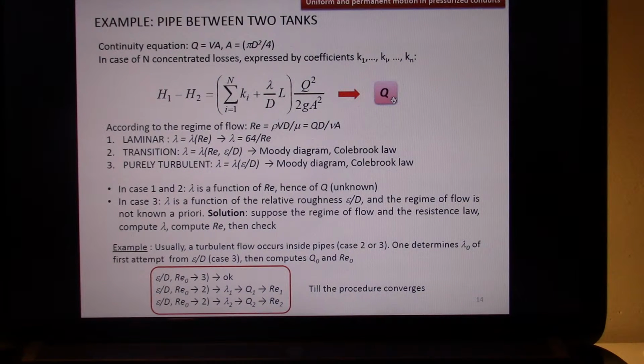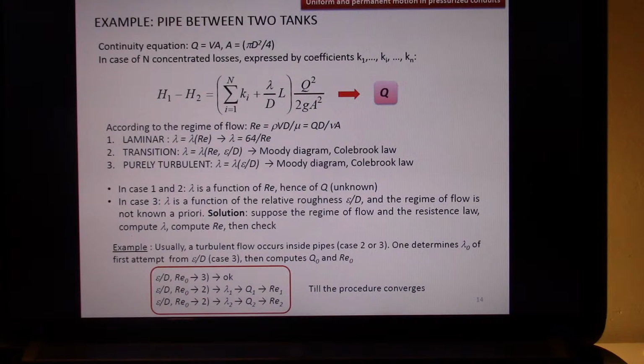So, the problem is that to do this, you should know how much lambda is. And lambda depends on your kind of flow, because remember that lambda is the friction factor, and if you want to compute lambda, basically you should check either the Moody diagram or the Colebrook-White law.